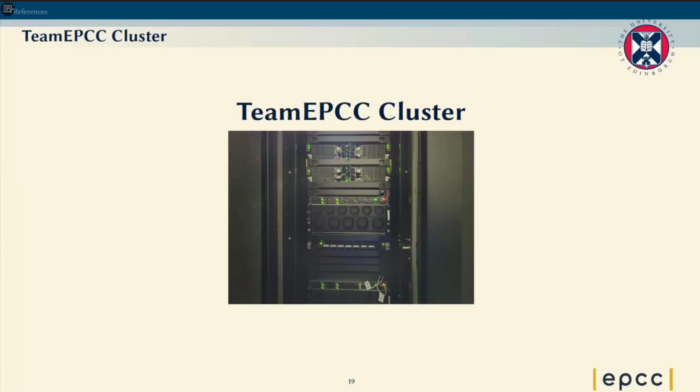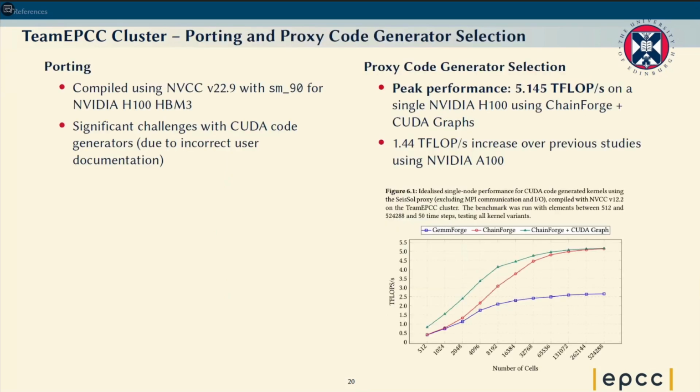And then finally, SeisSol recently added support for GPUs. So I wanted to evaluate its performance on the TeamEPCC cluster, which has 16 H100s. Using the proxy application, which is again single GPU, it has 2 types of kernel generator, with additional support for CUDA graphs.